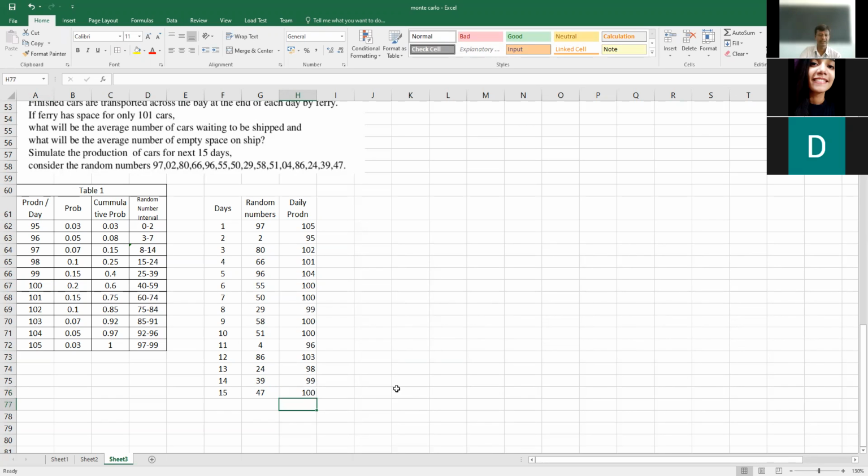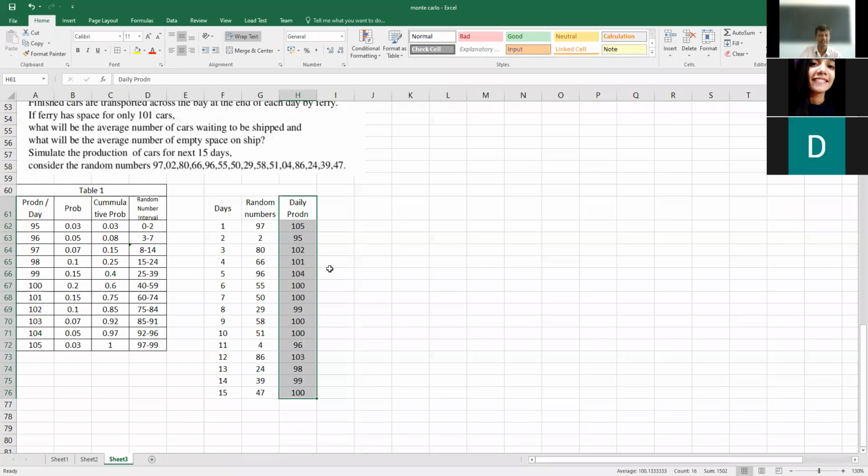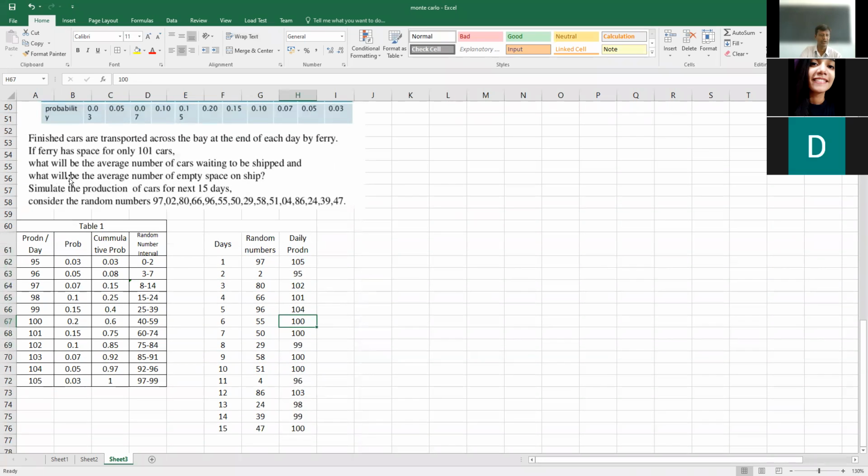Okay, now we got the daily production of cars for the next 15 days. Keeping this, we need to find out two more things, like what will be the average number of cars waiting to be shipped.